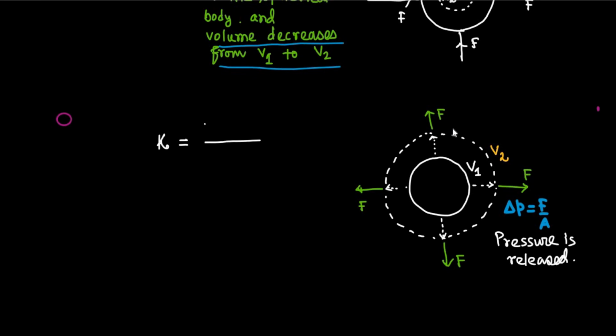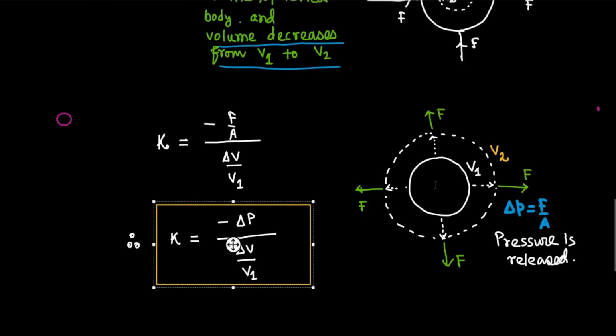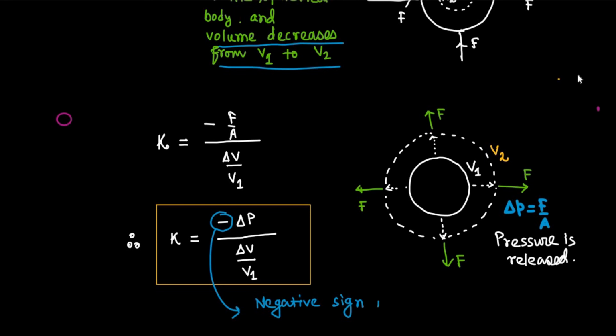In this case, the expression of bulk modulus is K equals minus F by A divided by delta V by V1. The negative sign is taken in front of F by A. Therefore, K equals minus delta P divided by delta V by V1. Here we have considered the negative sign as pressure is released.